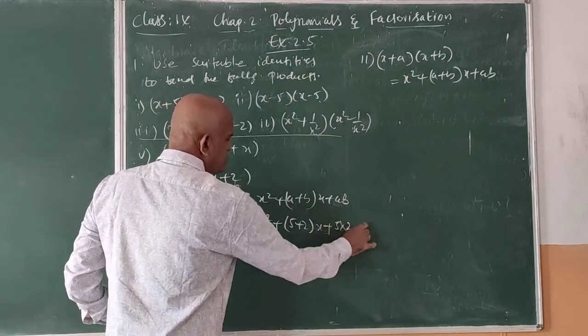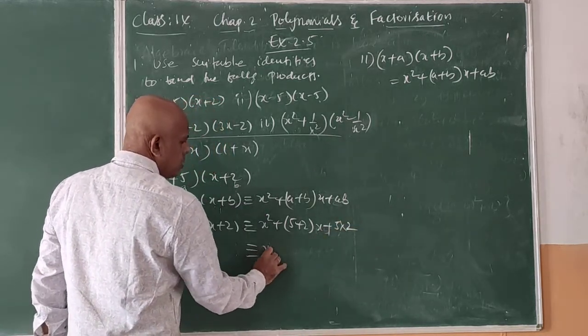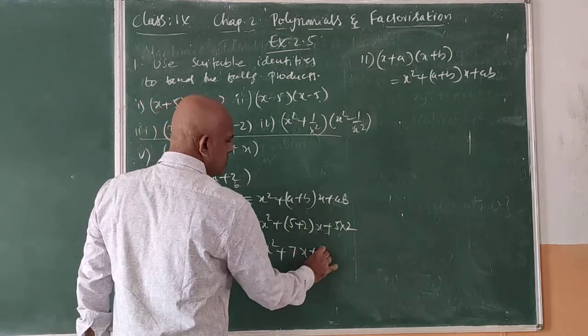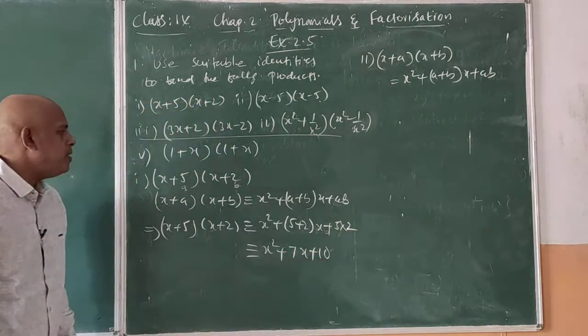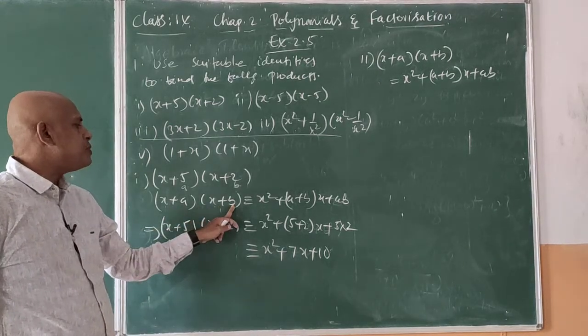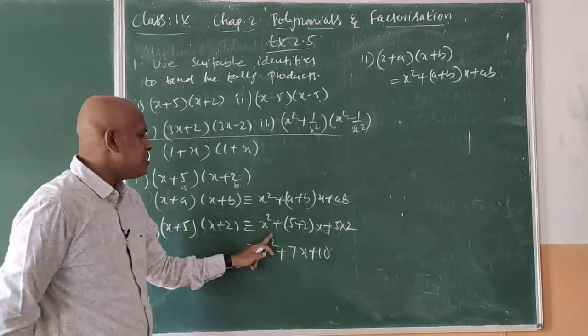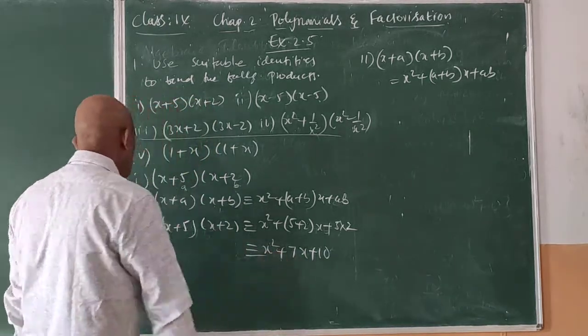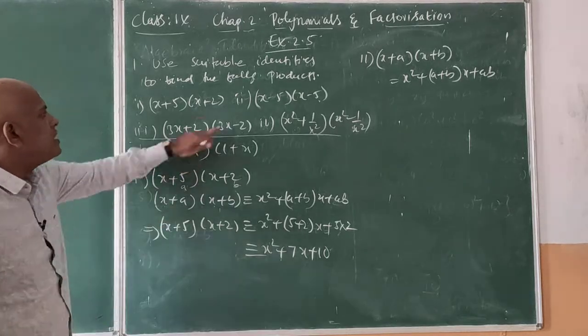So it is equivalent to x square plus 5 plus 2, 7, 7x plus 5 into 2 is 10. This is the first problem based on the algebraic identity x plus a into x plus b, which is equivalent to x square plus 7x plus 10. You can write equal to also, no problem, both are the same. So now we will go for the second one.